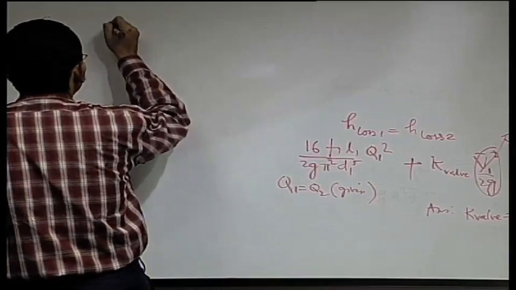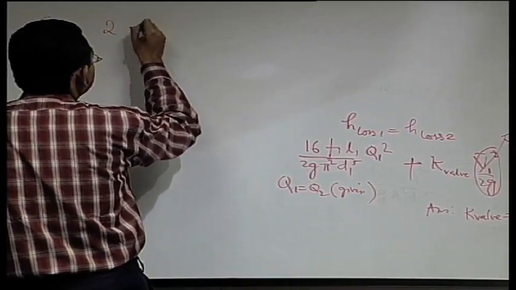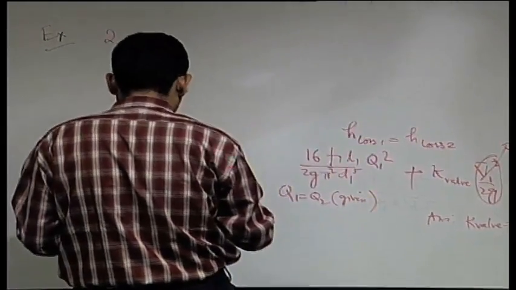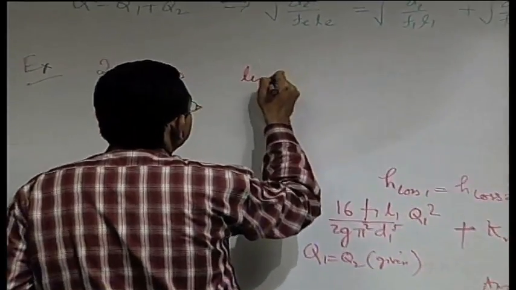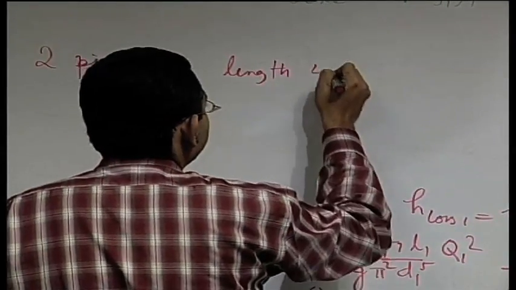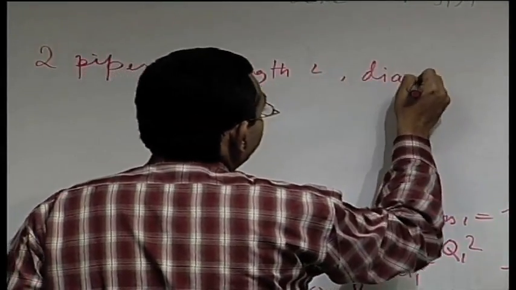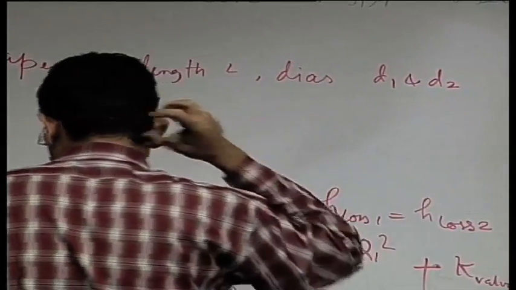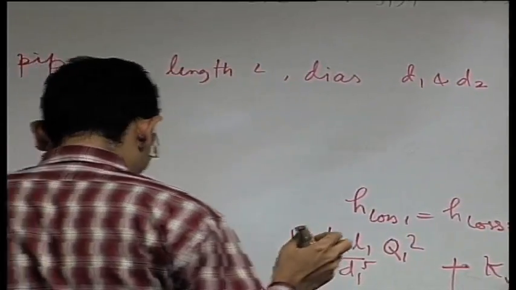You have two pipes of length L and diameters D1 and D2, and they are arranged in parallel.